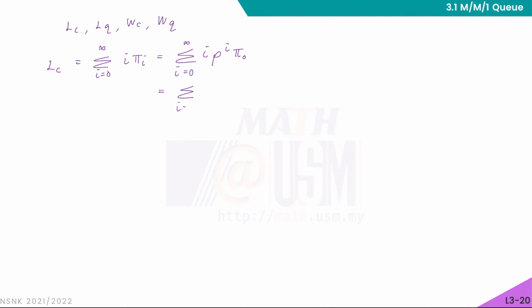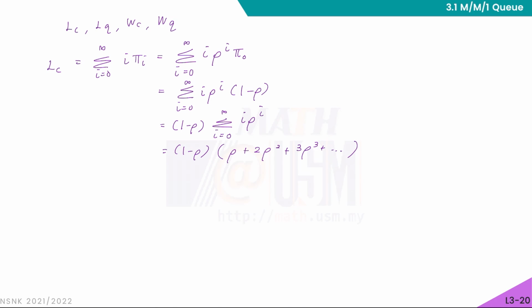Then pi naught equals 1 minus rho, so you can take out 1 minus rho, leaving the summation of I rho I. If I interchange the symbol, please follow my writing. If you expand this term, you get rho plus 2 rho square plus 3 rho cube and so on.